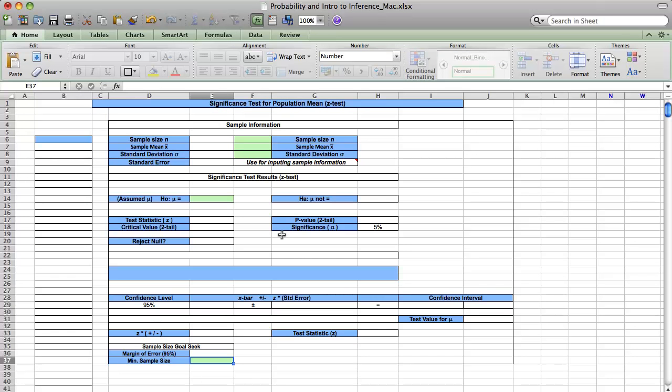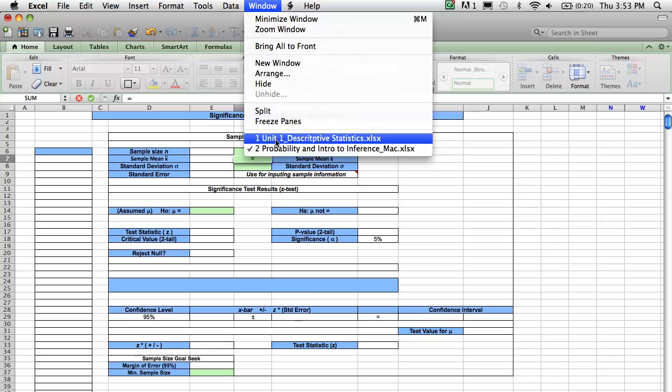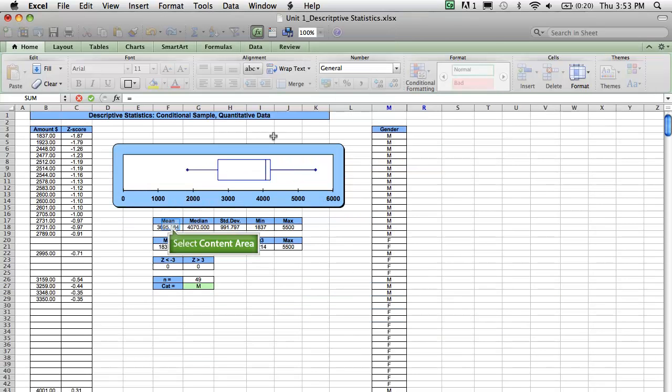Now that we have the information that we need from the sample data, we could go to our Unit 2 tool and run the z-test for the population mean. We first need to input our sample size N, which is 49. Our sample mean we could obtain from the Unit 1 tool simply by typing equals, changing over to our Unit 1 sheet, and clicking on the cell where our sample mean is.